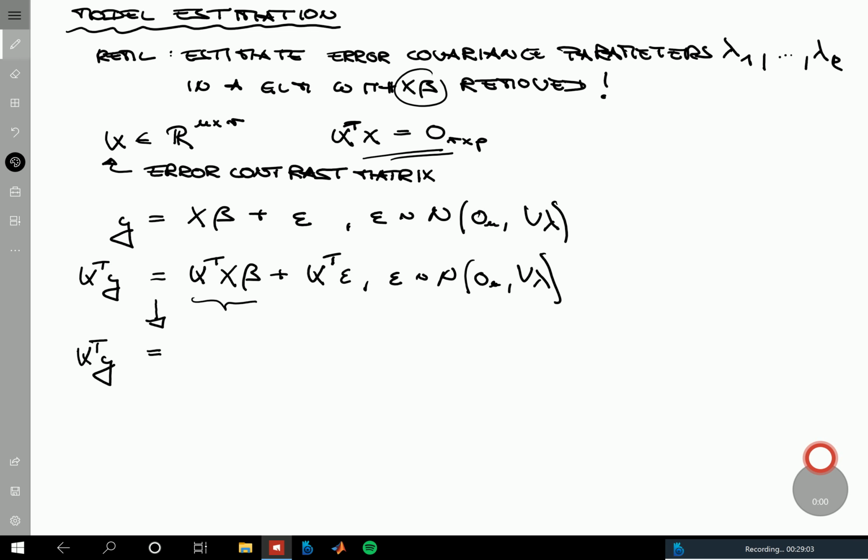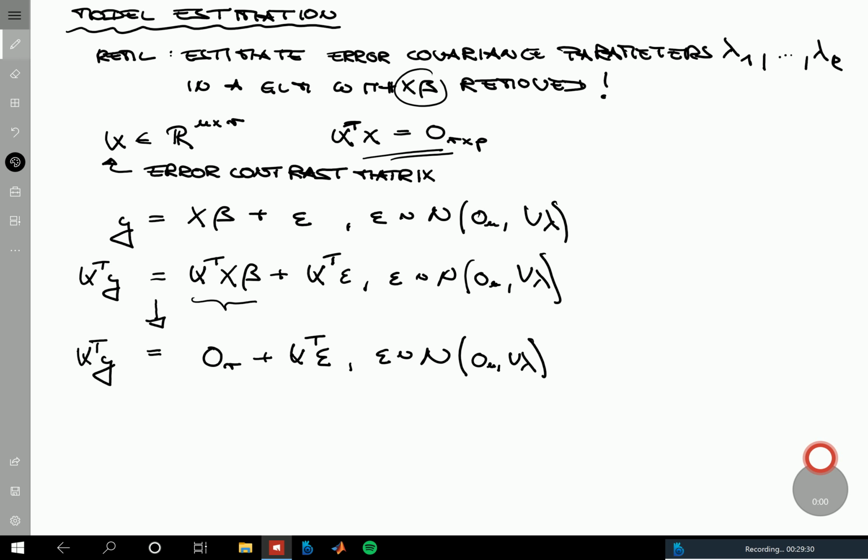Oh, there's actually a typo in the script. This will be the 0 vector here. And our epsilon is still distributed as 0, V(lambda).